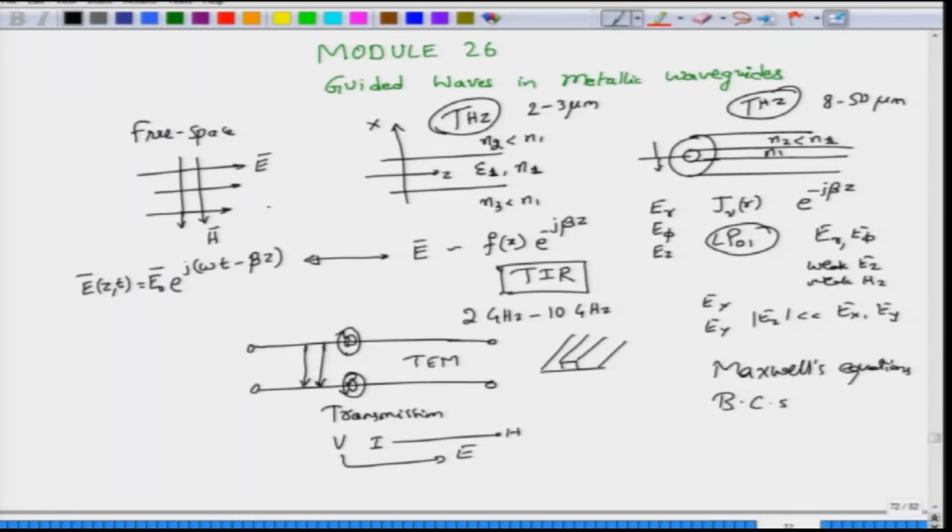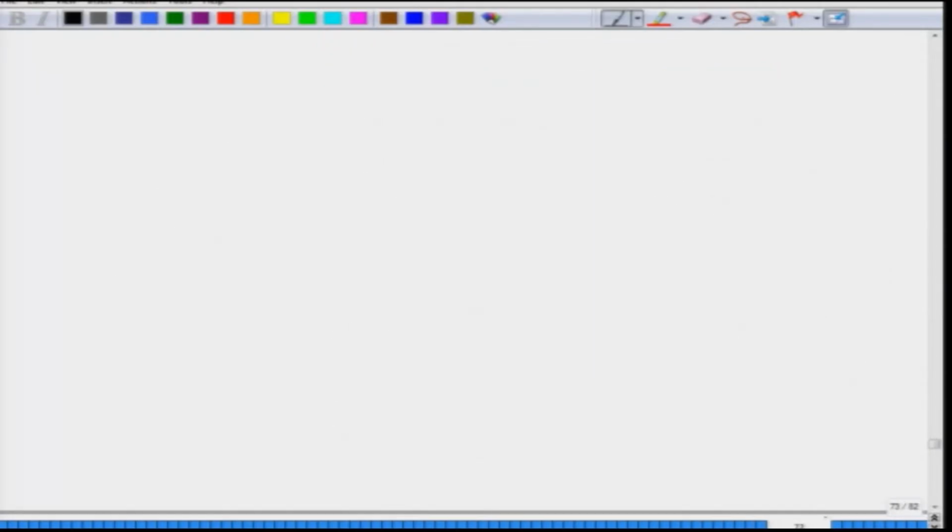The guiding actually comes from the two wires that we have taken, and these wires are of course made out of metals. So, there is really no total internal reflection happening, it is a pure reflection phenomenon, which we will look at in this module now.